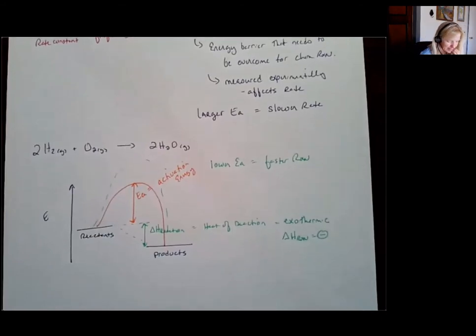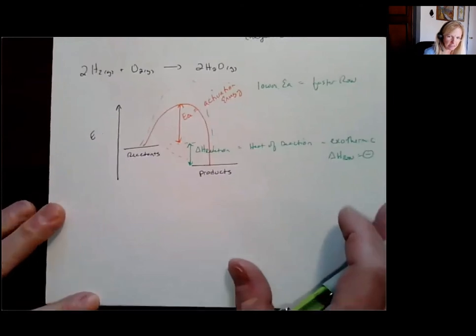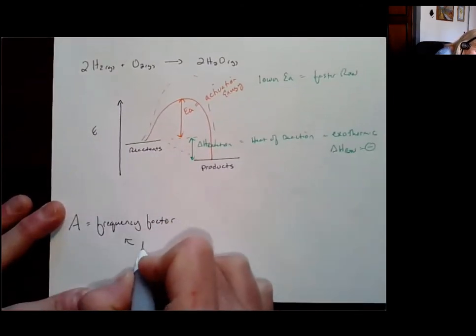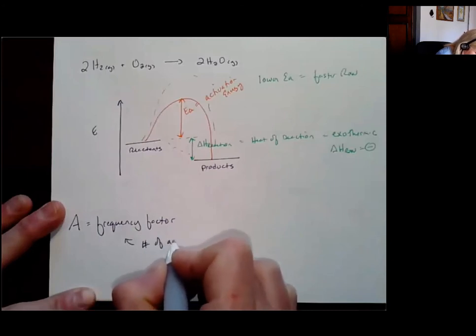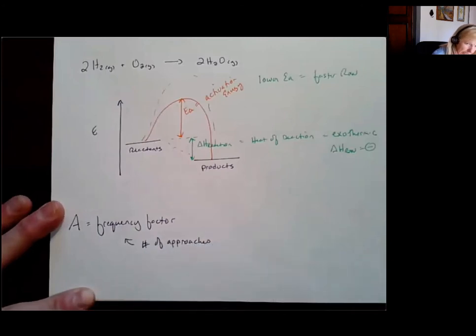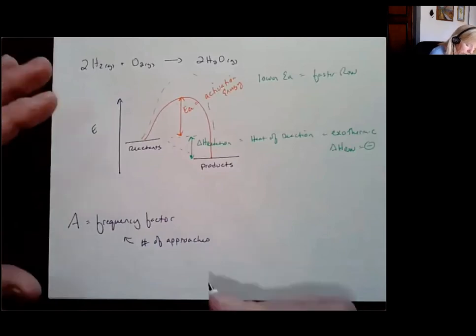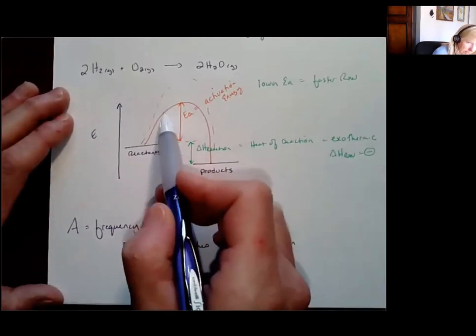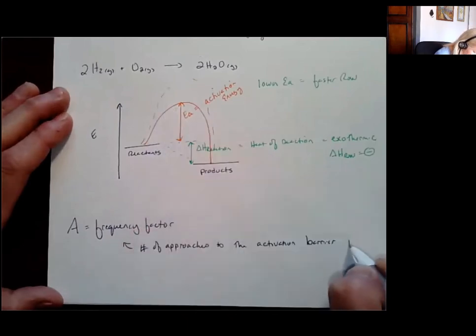So let's talk about A, frequency factor. It's kind of a catch-all. So it catches in there the number of approaches. Remember, we're talking about collision theory here. So the number of approaches to the activation barrier, that's this guy here, this activation barrier, per unit of time.